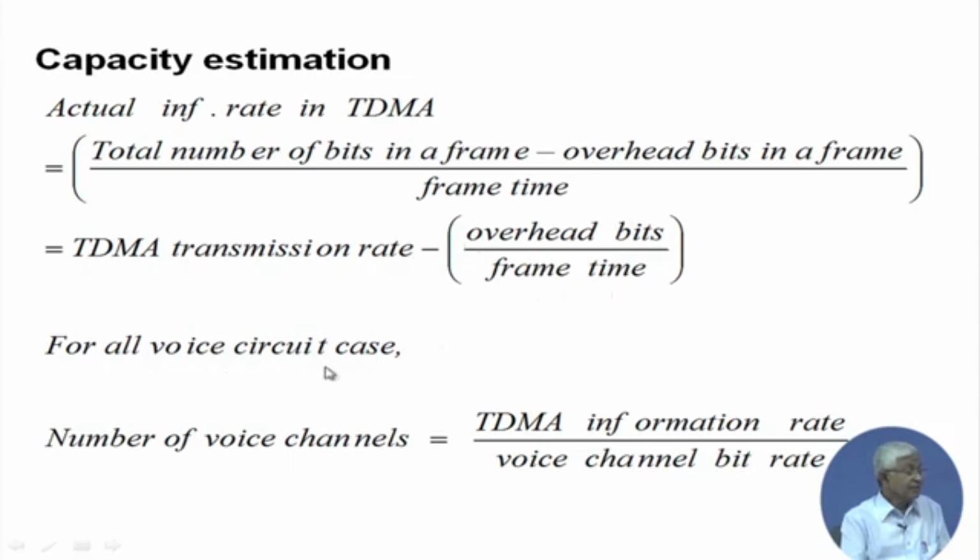For voice circuits, TDMA information rate and transmission rates are not the same. You have to remember that because there are overheads. So, TDMA information rate divided by voice channel bit rate, 64 kilobits normally taken, gives the number of voice channels. If codecs are used, the voice channel bit rate can be different.